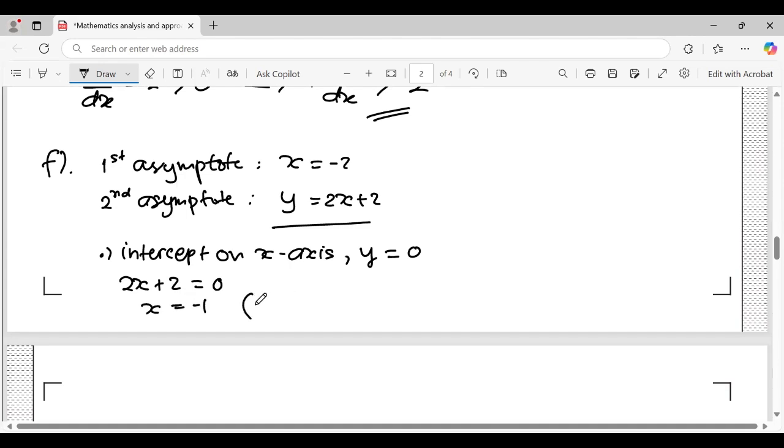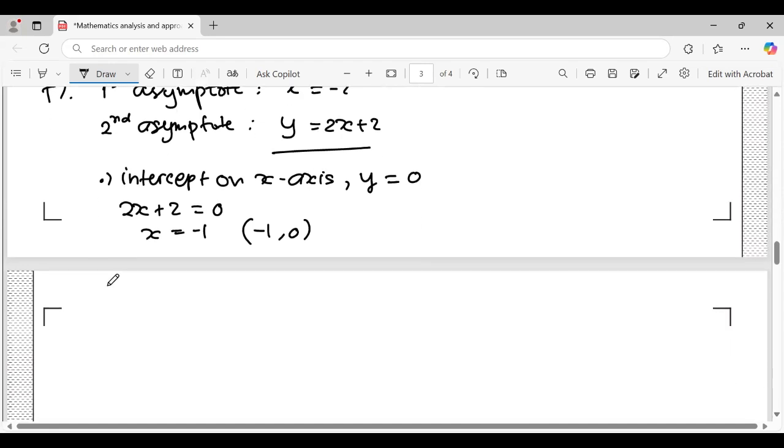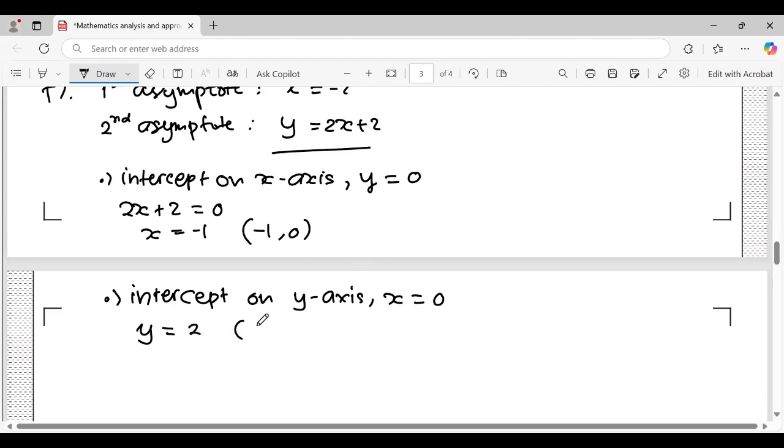So the coordinate point is minus 1, 0. Next, the intercept on the y-axis: we need to set x equals 0. If x equals 0, y equals 2. And the coordinate point is 0, 2.